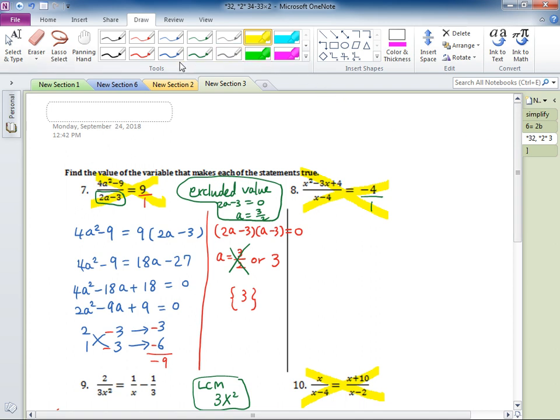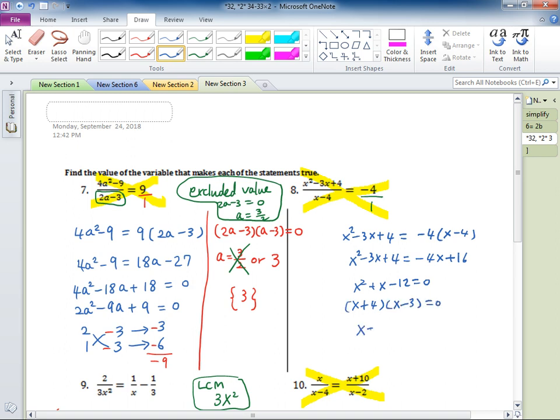Next one, number 8. What's your answer? Let's check, okay? Distributive property. So negative 4x plus 16, and then move the terms to the other side, and you factor out, and your solutions are negative 4 or 3, right?